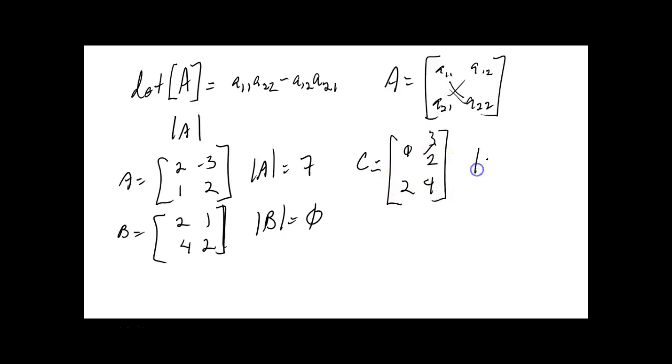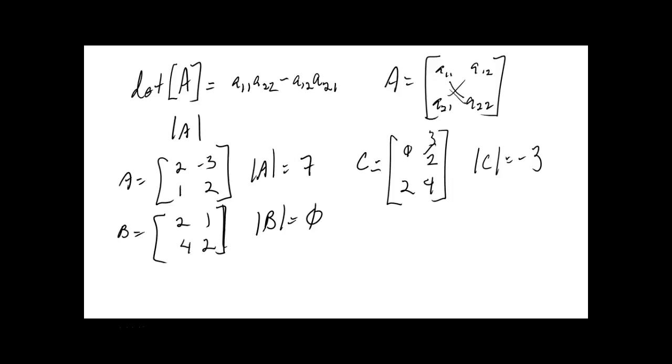What's the determinant of C? 3? Or -3, isn't it? Yeah, product of that is 0 minus 3. Okay. Excellent.